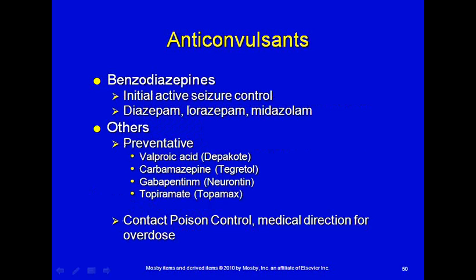Benzodiazepines, we use those as anxiolytics, but they are the primary medication that we're going to give to stop a seizure. So if we arrive on scene and a person has an active tonic-clonic seizure or grand mal seizure occurring, we're going to look at either establishing an IV or an IO, or these meds can be given a variety of ways, intranasally, rectally in children, those sort of things, to terminate the seizure activity.